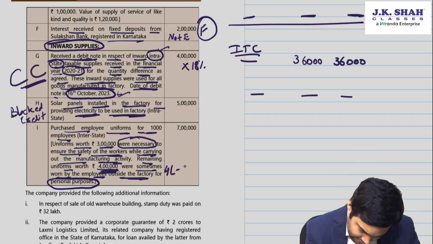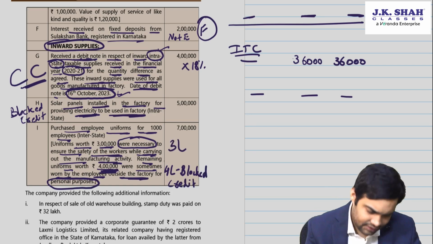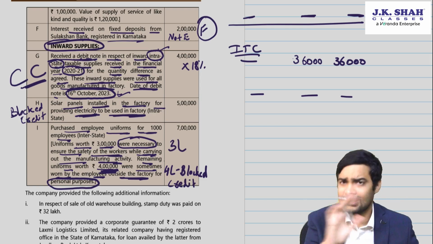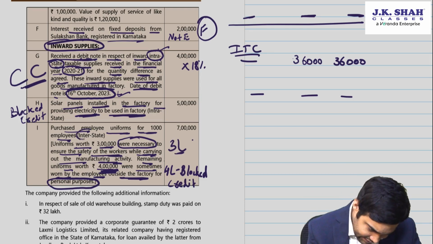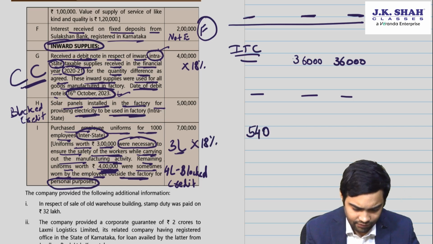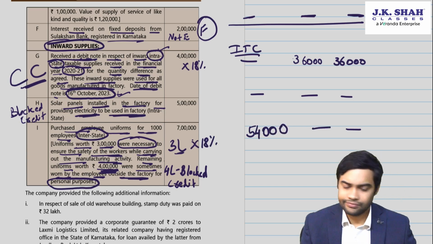No. 4 lakh would be block credit. Personal consumption, you will not get ITC for 4 lakh. 3 lakh which is necessary and used completely for business where there is no personal use. 3 lakh interstate supply, you will get ITC. 3 lakh into 18%, 54,000. Correct? Okay.